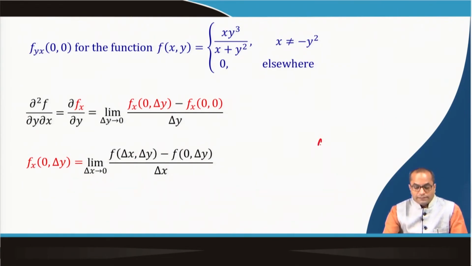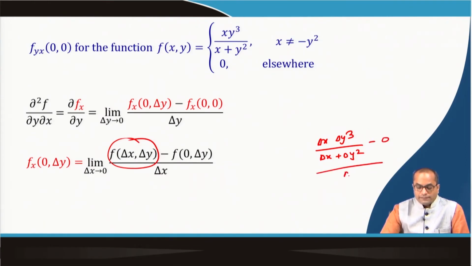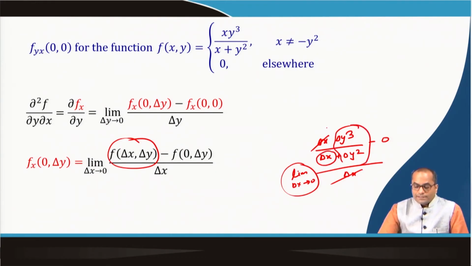So, we have here Δx Δy cube over Δx plus Δy square. So, this quantity minus this 0 and then divided by Δx. So, Δx will get cancelled, and then we have here Δx going to 0. If Δx goes to 0, this goes to 0, we have Δy there. So, the answer for this limit will be Δy, not 0 like in the earlier case.